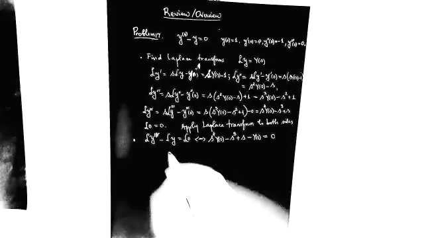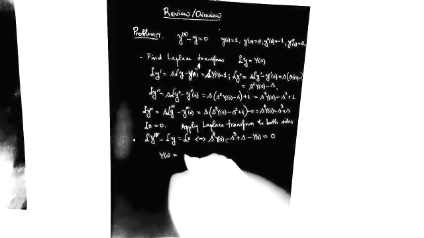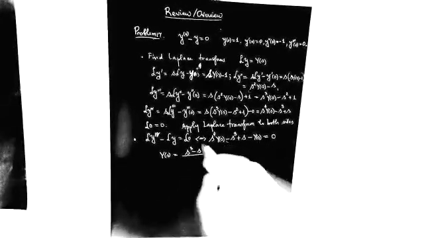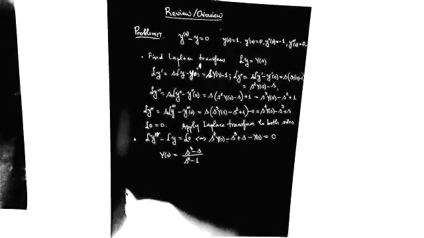And so you can solve now, and you get Y of s equals, this goes to the right, s cubed minus s divided by s to the fourth minus 1. So this is what the Laplace transform of the solution is.